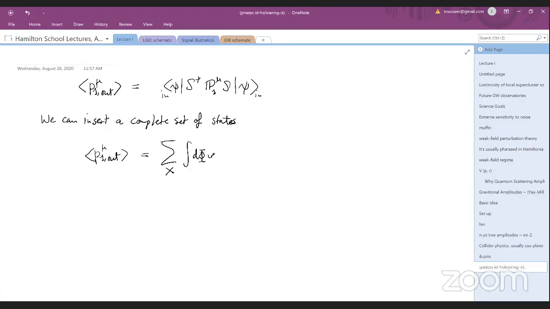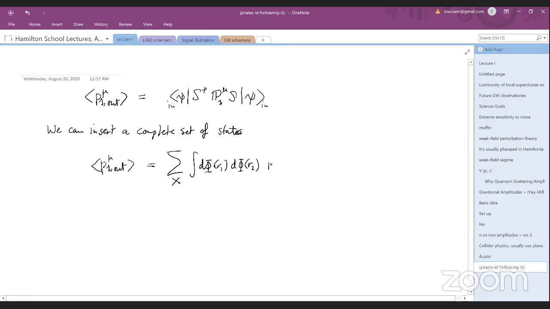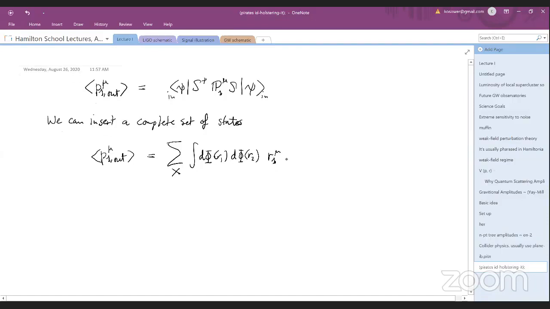And because we've taken particle 1 and particle 2 to have conserved quantum numbers that are independent, every intermediate state that we put in has to have a net particle 1 quantum number of 1 and a net particle 2 quantum number of 1 as well. And we now have measuring that particle's momentum in this state that we put in.